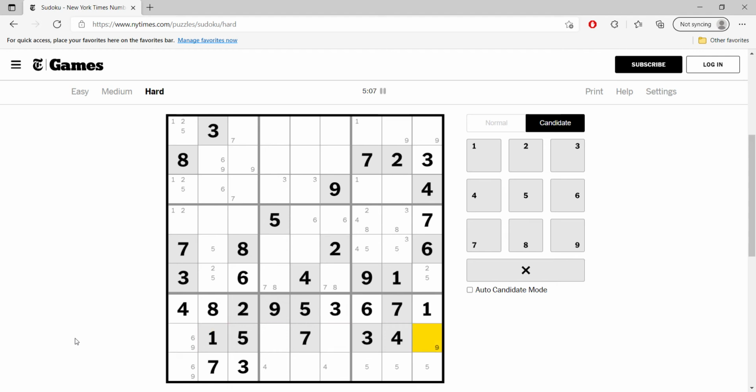May as well just enter all the digits. So 2 can be here, here. 6 is here, here in this row, and 8 is here, here, or here.